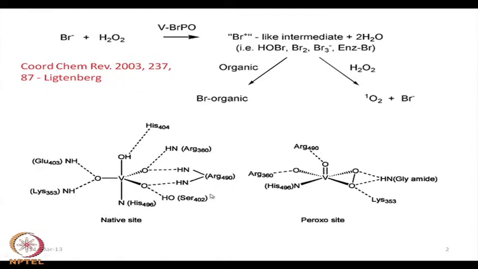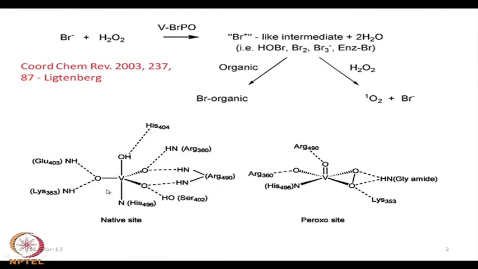So, now we will be interested to know what type of environment, because last time what we have seen is that we can have a typical pocket, and this pocket was surrounded by so many amino acids.